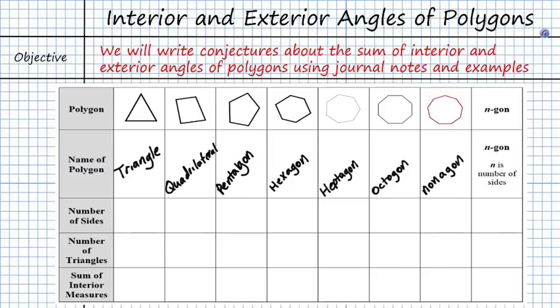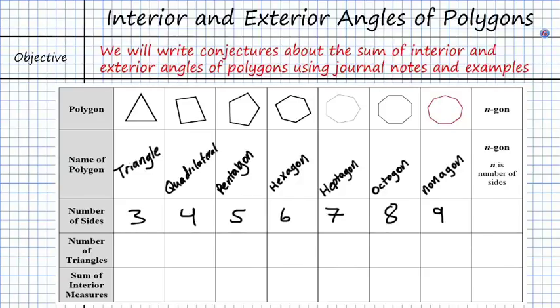Alright, so those are our polygons, up to a 9-sided figure. And each of those has a number of sides. So you have 3 sides here, 4, 5, 6, 7, 8, and 9.